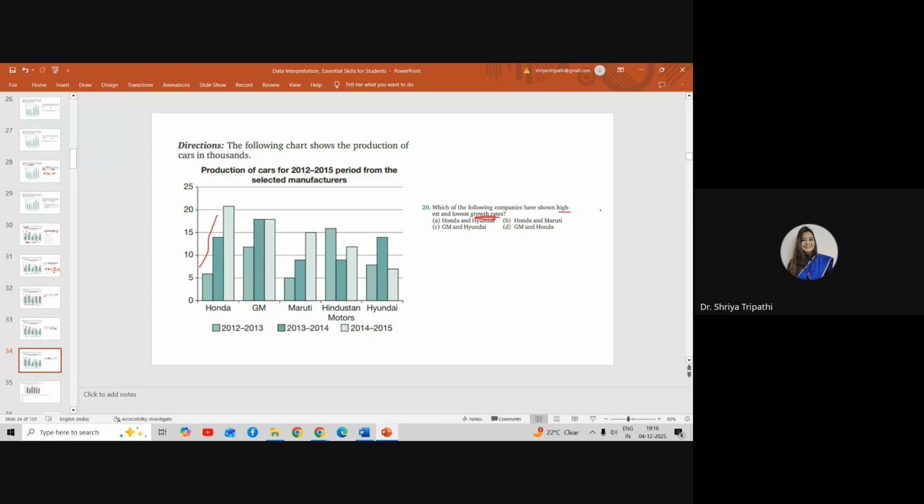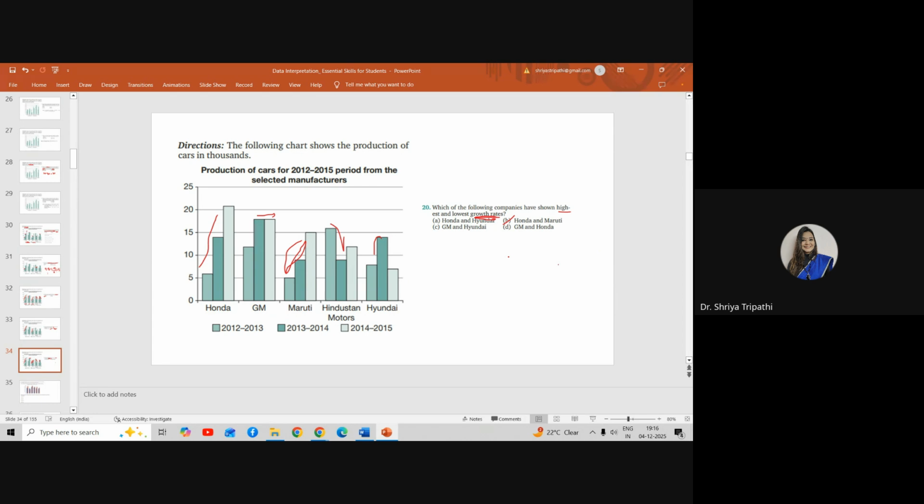Next, the lowest growth. Here we are seeing there's no growth happening. Here also there is no growth happening. Here the growth is there, but here it is stagnant. So the next lowest growth rate is seen in Maruti because there's an upward flow. It has been increasing over a period of time. Here at this level, it has become stagnant. Here we are seeing there's a dip again. So the right answer is Honda and Maruti.